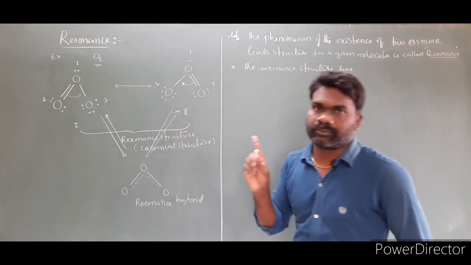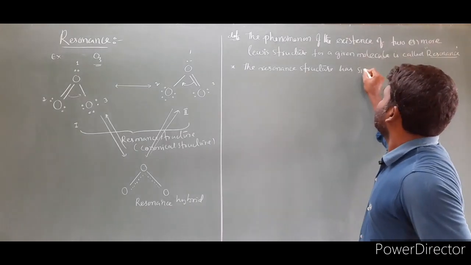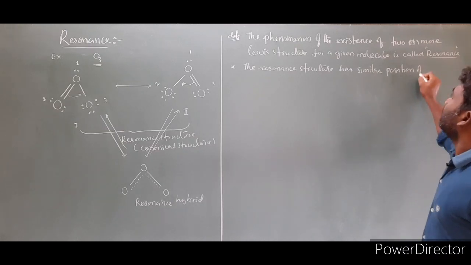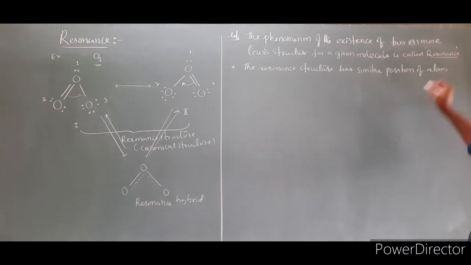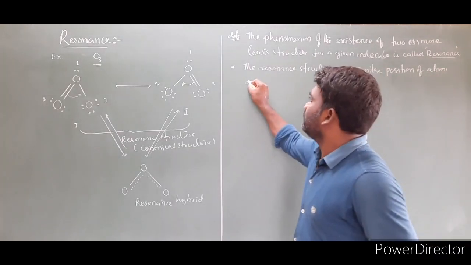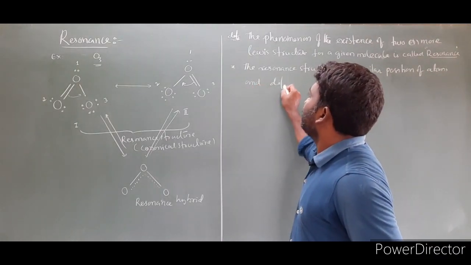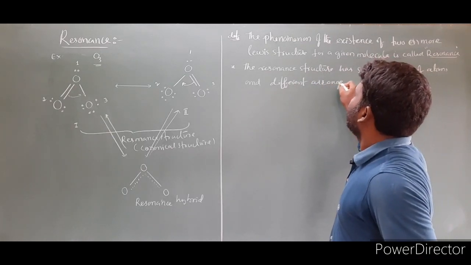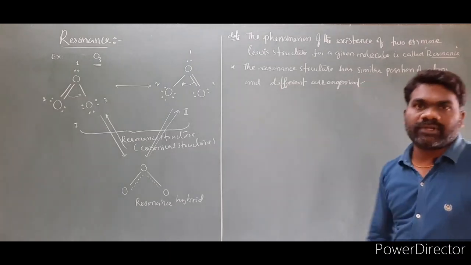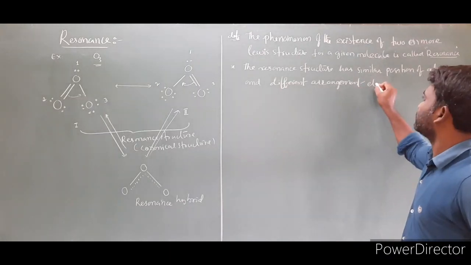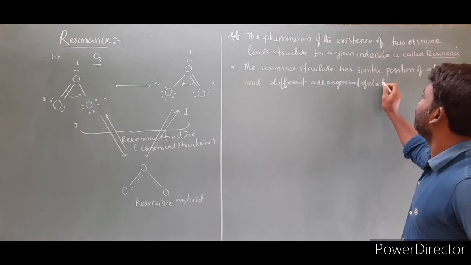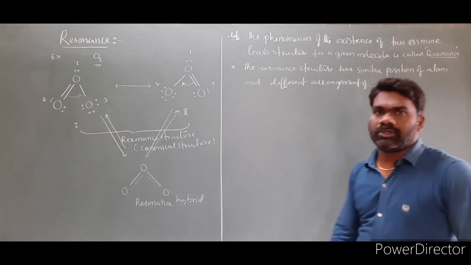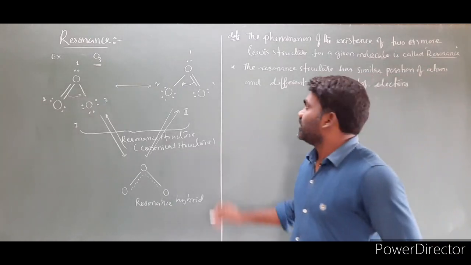They have a similar position of atoms, position of atoms or nuclei, and a different arrangement. The different arrangement of what? Electrons. The different arrangement of electrons. This is the second important point regarding resonance.